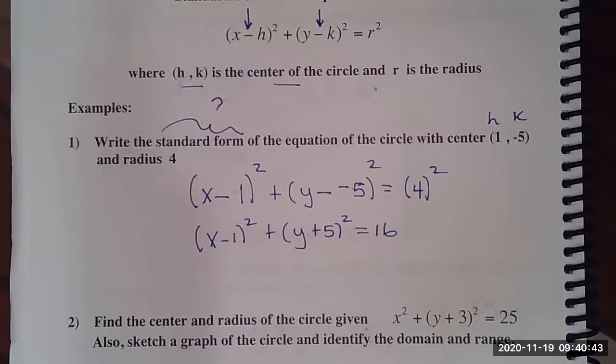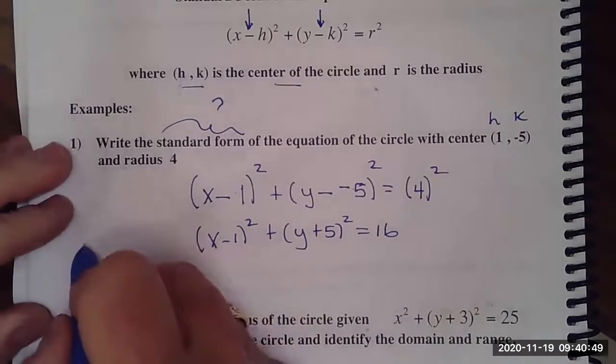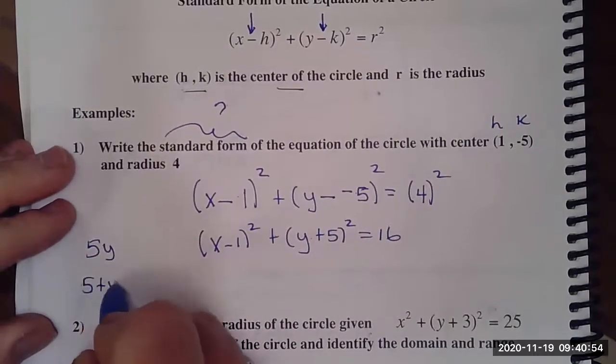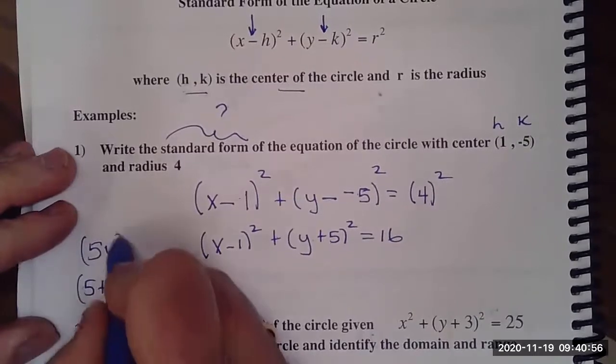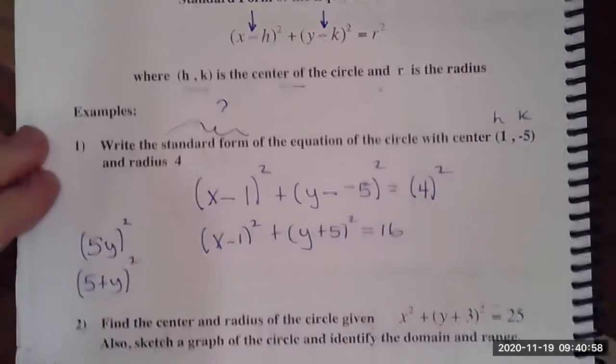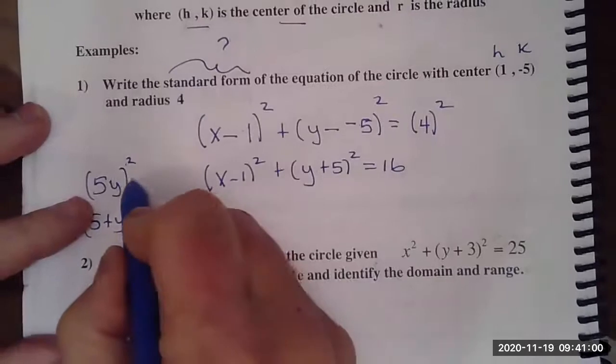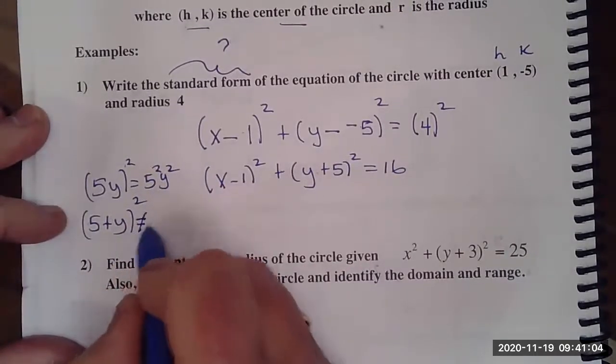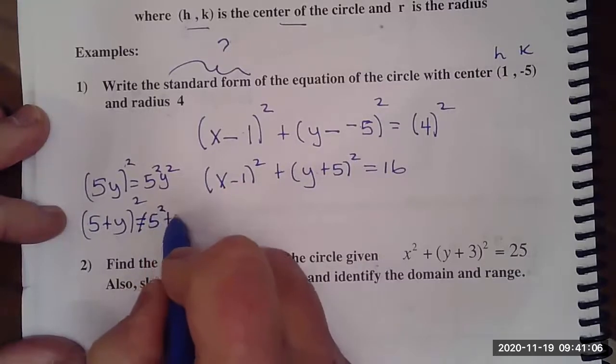You can only distribute that squared if it's multiplication inside, you guys. That is correct. So if you had, say, 5y rather than 5 plus y, that's what Bonnie's saying. This one here, you can go 5 squared y squared. Here, you cannot do 5 squared plus y squared.